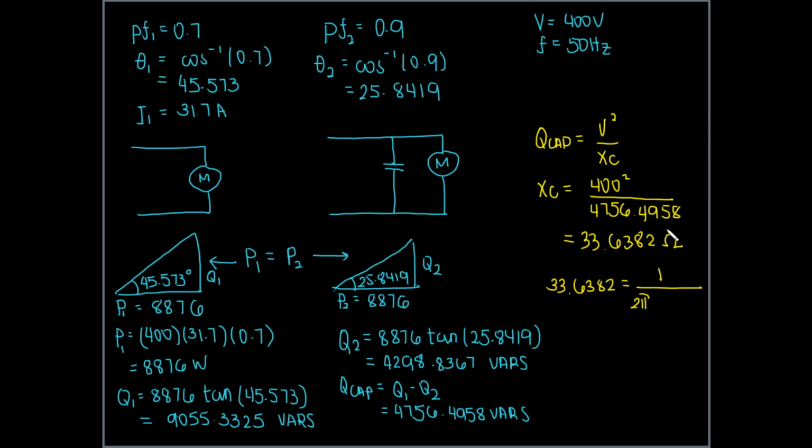That is where the frequency comes in. A frequency of 50 multiplied to the capacitance. And of course, this should now be our final answer. So 1 divided by 2 times pi times 50 times answer is 9.4627 times 10 raised to negative 5.